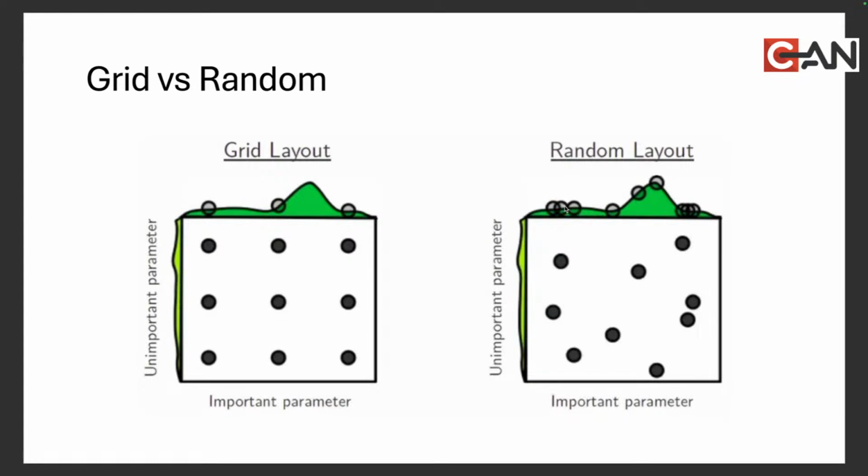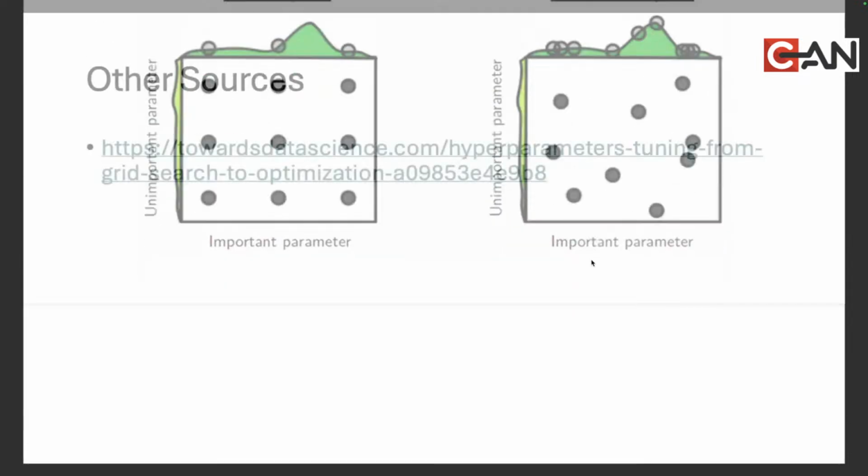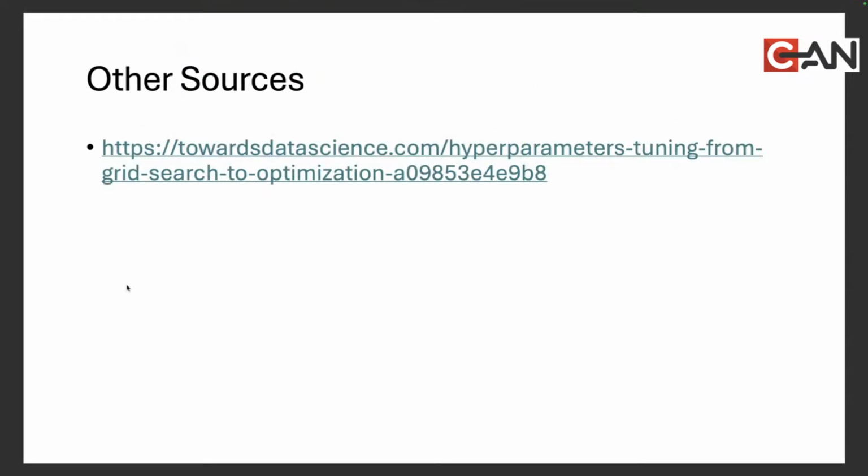So doing a random search puts values closer, further apart, and may result in a better outcome for you by randomizing the points that we're placing, instead of always placing them here and here and here because those are the values that we decided to try and test. So just something to take away, to think about, to read about perhaps. I think I have an article here that you guys can check out from Towards Data Science.